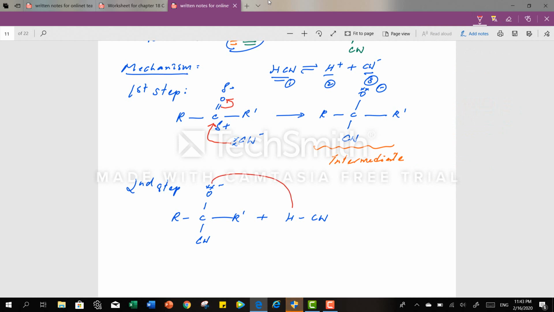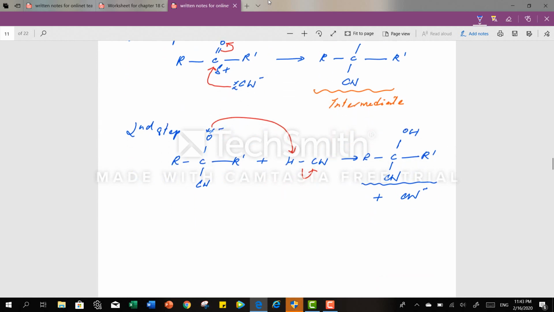So here, form a bond, and this bond is broken. So the product will be what I mentioned. We become like that, okay? Hydroxynitrile, okay? So this will be the product. So remember this mechanism.